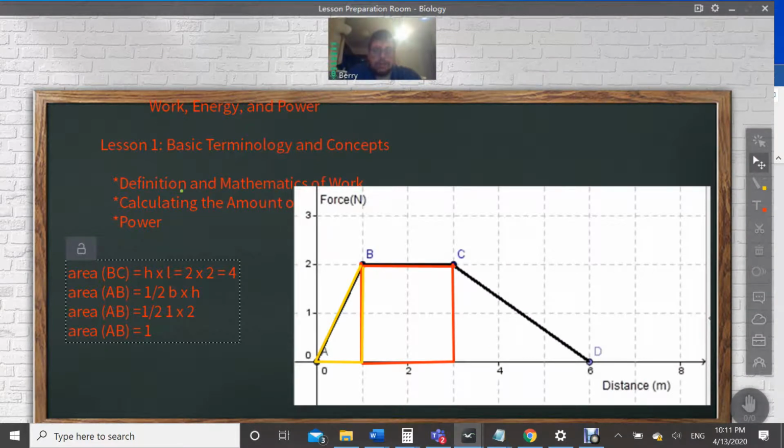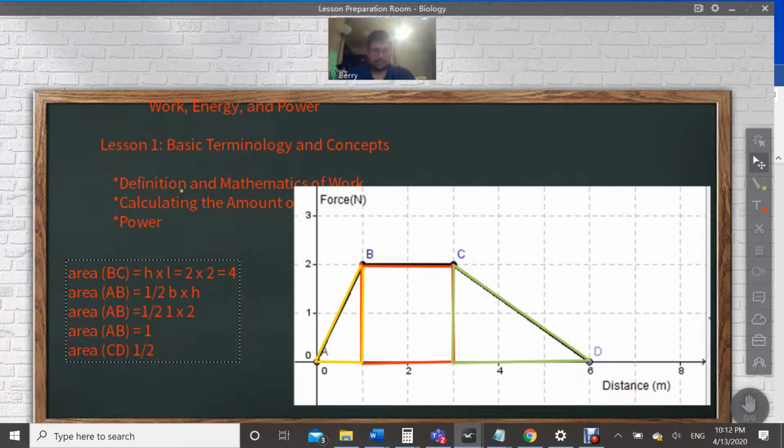So what we're going to do is take our graph, take colors. We would need to find this area right here, and it's a triangle. CD, 1/2.